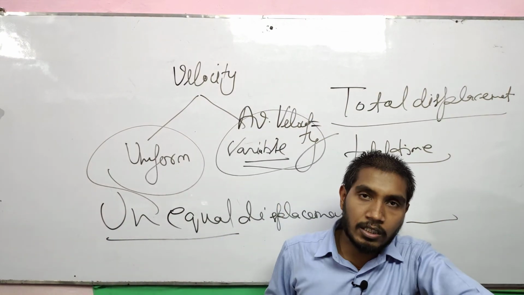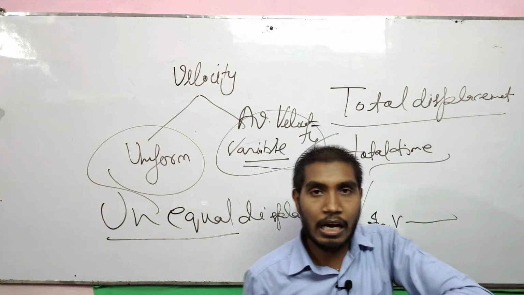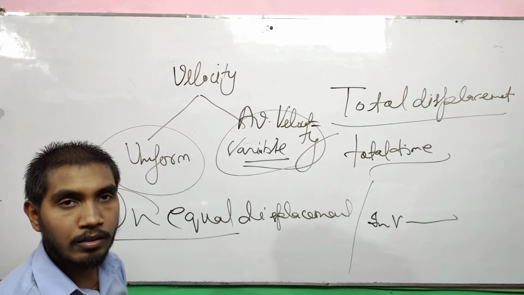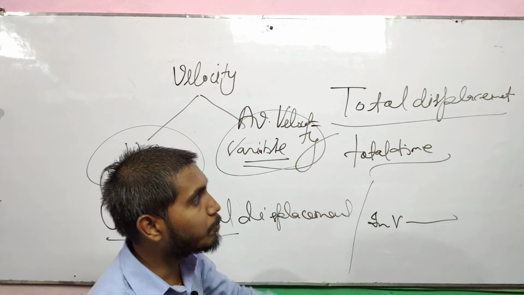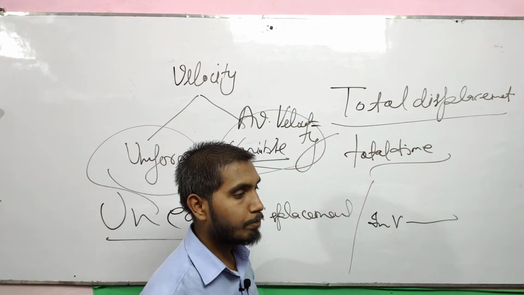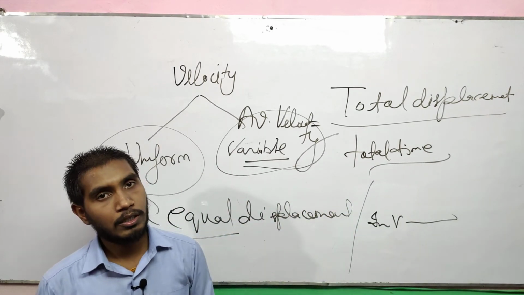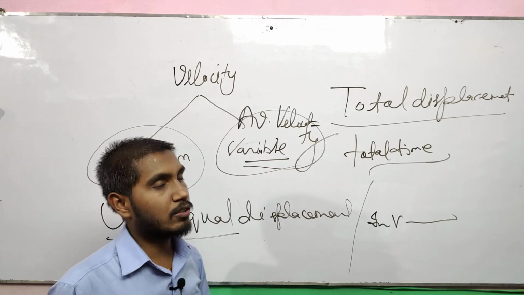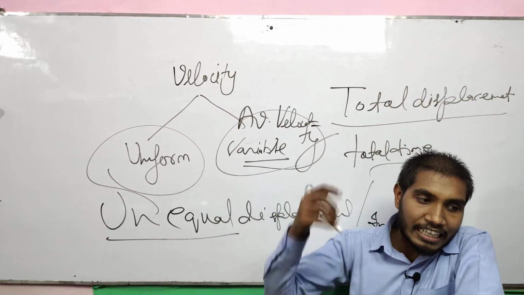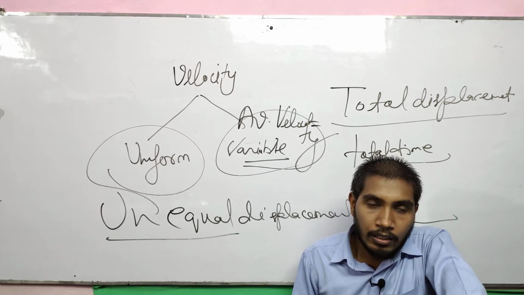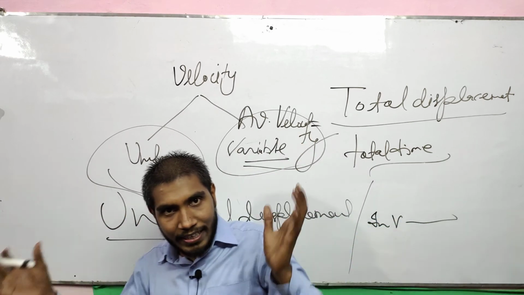The ratio of the total displacement made by an object in motion and the total time taken to cover the motion is called the average velocity of the object. This is the average velocity.